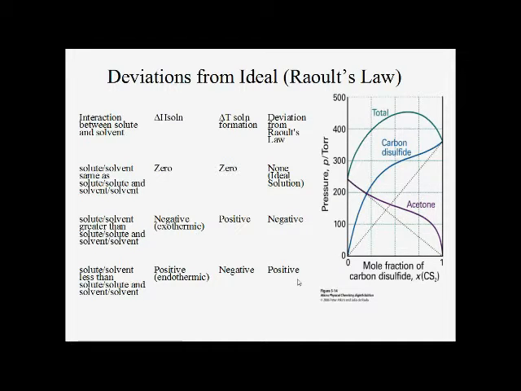We have a high pressure compared to Raoult's law. So we're going to have a high pressure when we have a weak attraction between the two components, and a low pressure, a negative deviation, when we have an attractive force between the two components.